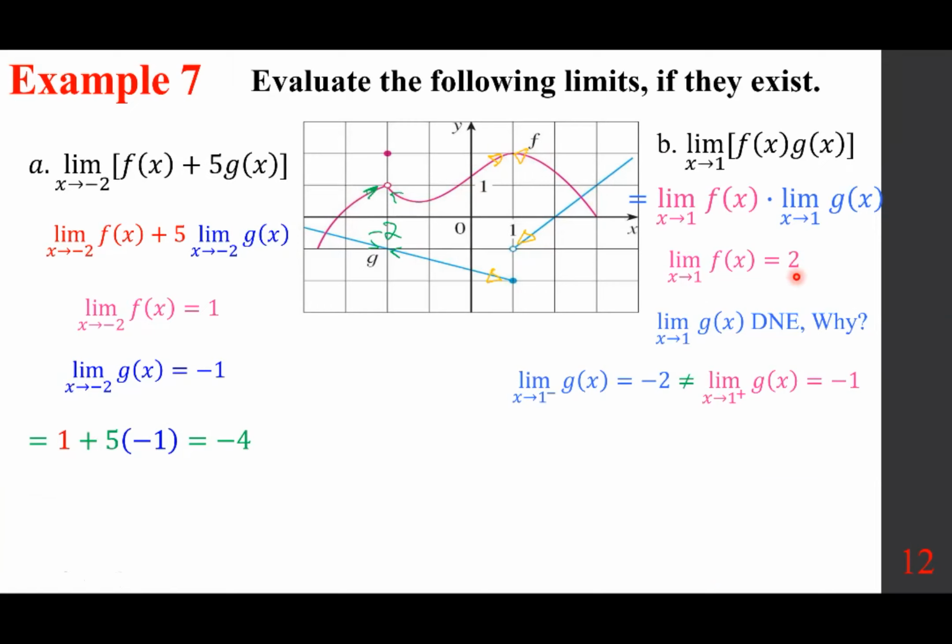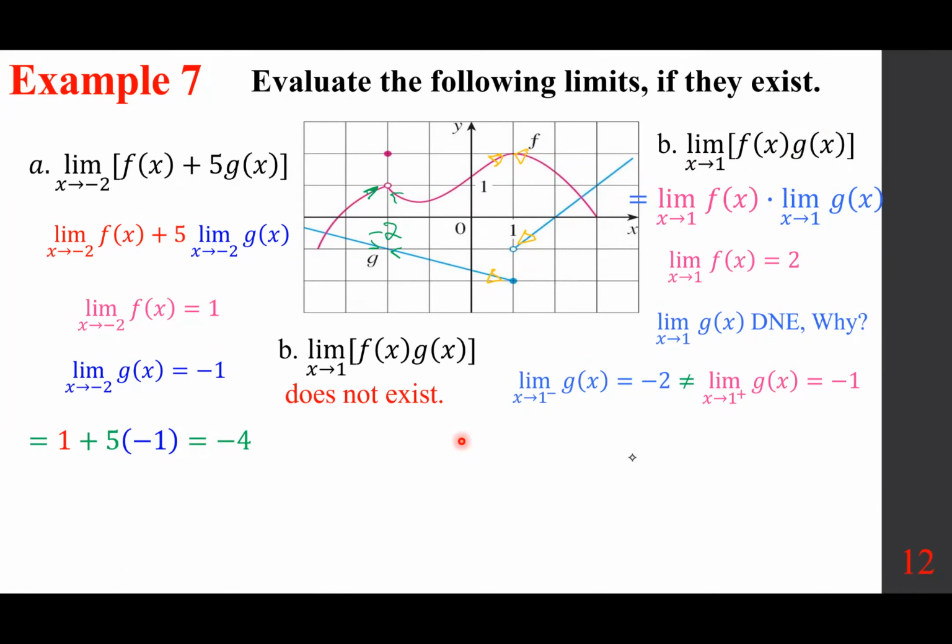But for the blue one, the left side takes us here, y coordinate -2. From the right side it takes us towards this point again, that has -1 as the answer. Therefore, the limit doesn't exist. Because one of them fails, the product fails.